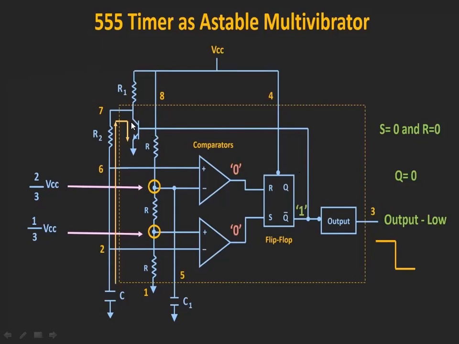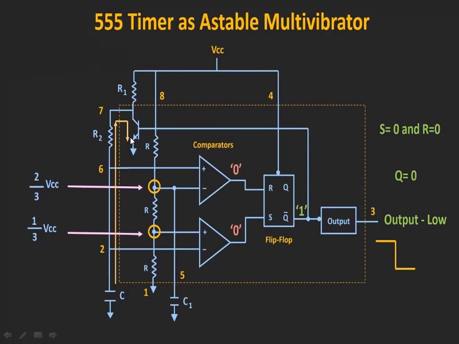When this transistor is on, it acts as a switch which connects to ground. See here, it is connected to the ground. So whatever charge has been acquired by this capacitor up to now will be discharged through this transistor.